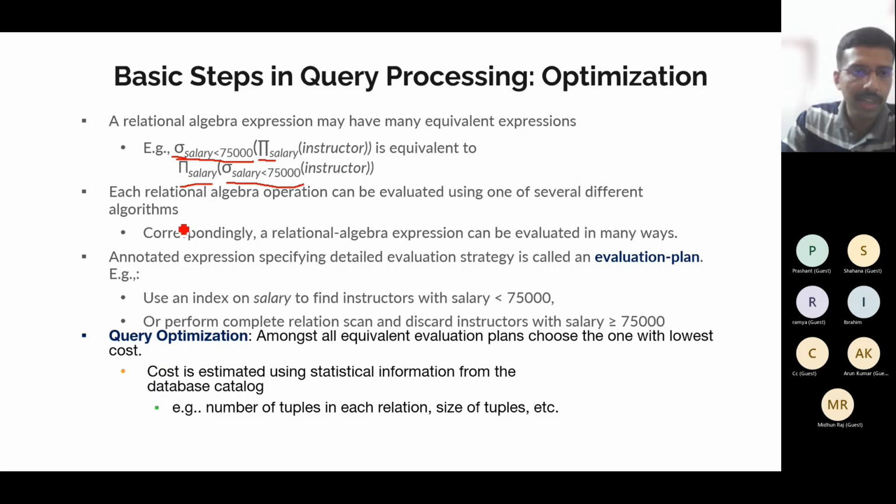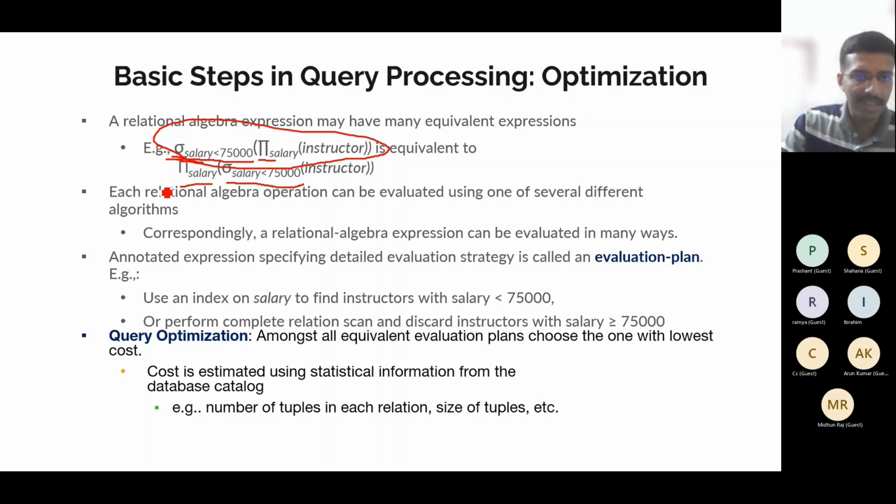Yeah. So basically the first one will be more efficient. I will tell you why. We are doing a project operation, which takes only one column out of the entire database. Suppose the database has 20 columns, 50 columns, 100 columns, whatever it is, it will take out only the salary column. And with that single column, I am trying to find salary less than 75,000.